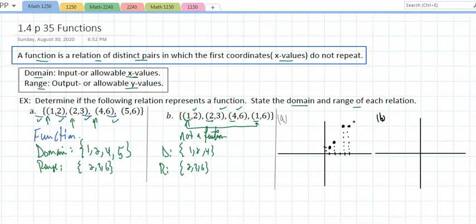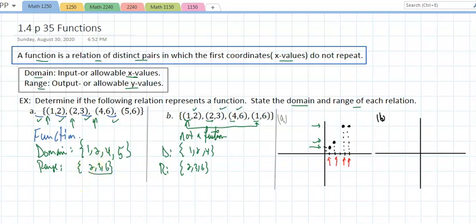There. That's what a function looked like. And if I was to look at the domain, it's these x's. That x and that x. And if I was to talk about the range, that would be those 3 y's right there.